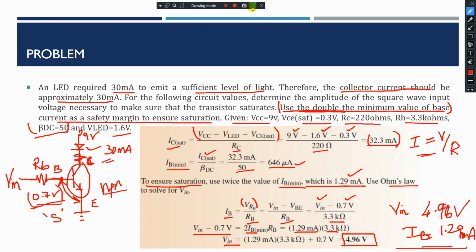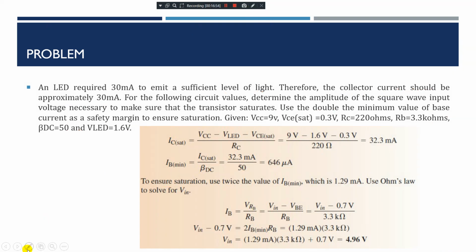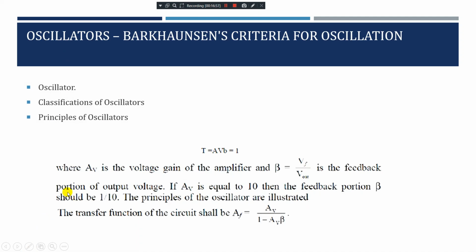Okay, next. Coming to the next topic, oscillators. So what is an oscillator? An oscillator is a circuit that produces a periodic waveform on its output with only the DC supply voltage as an input.